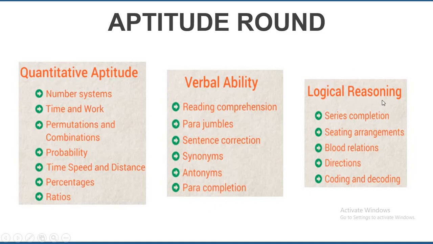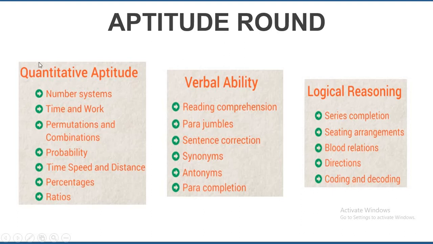And one more is logical reasoning. Here, the major thinking capacity will come into the picture. The major kinds of questions considered as logical reasoning are series completion, where they begin with a set of series and you need to complete the rest of the series, seating arrangement, blood relationship, directions, coding and decoding.